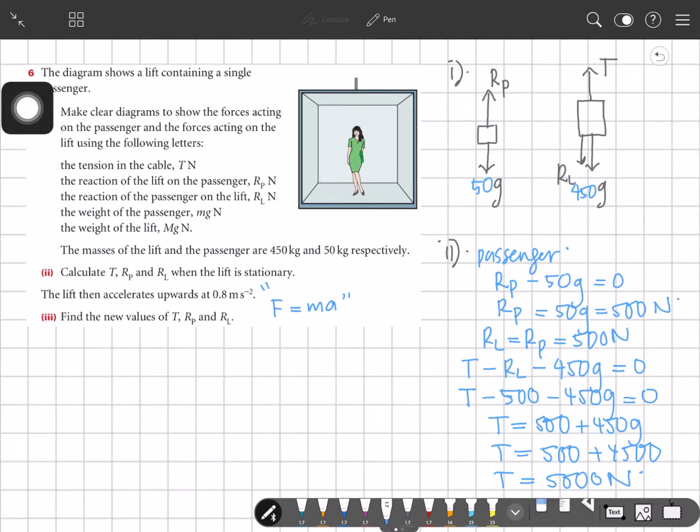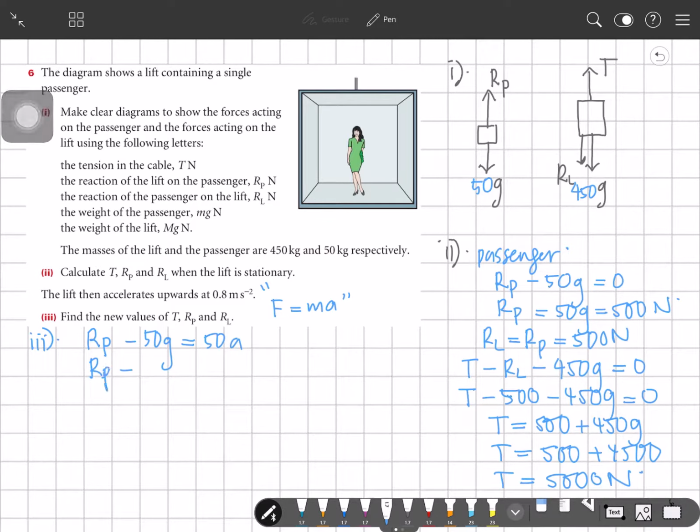So first we need to look at the passenger. The forces acting on the passenger: R of P minus 50 g equal to the mass of the passenger, which is 50, multiplied by the acceleration. The acceleration value is already given in the question, so we replace what we have there.